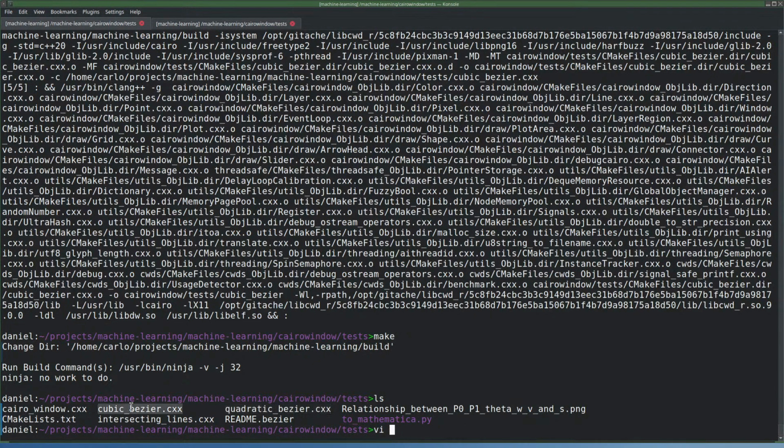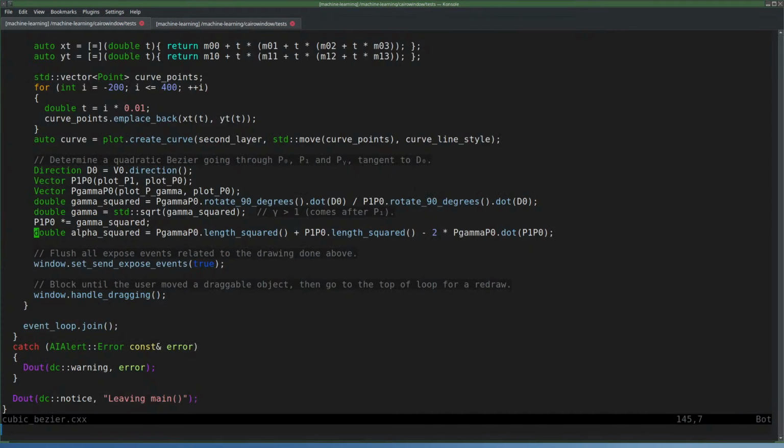That's wrong. Plus I forgot to divide by gamma squared, wasn't it?